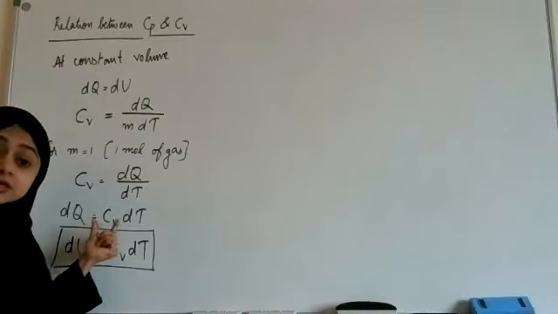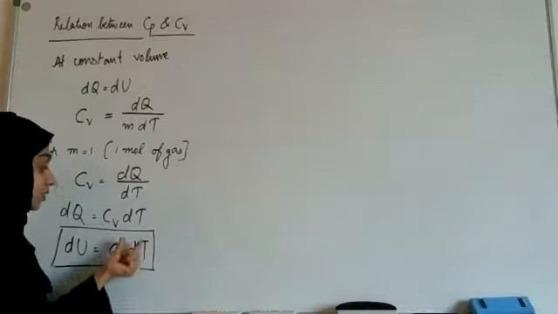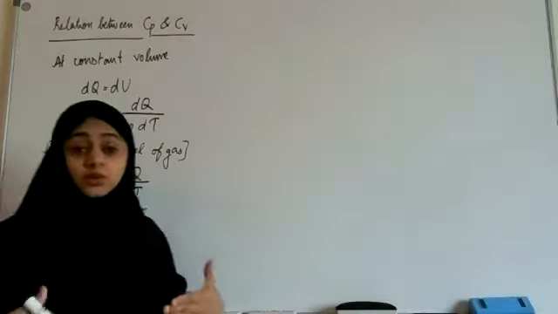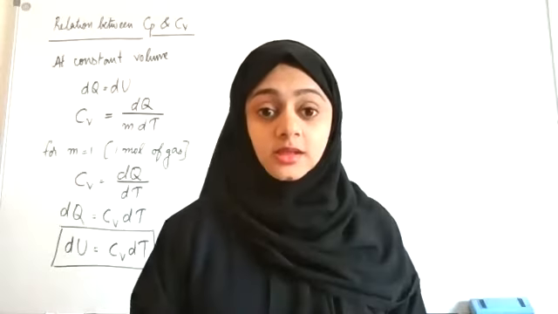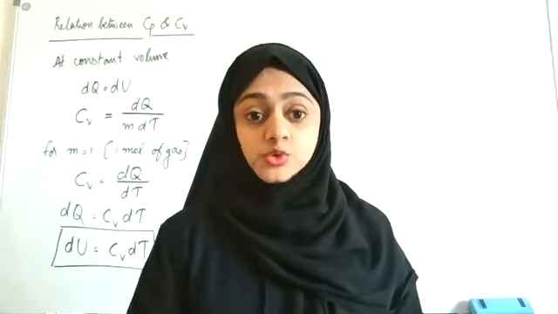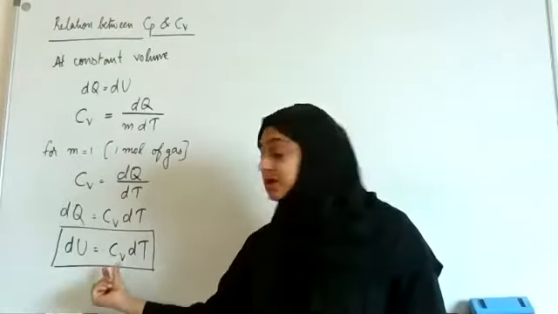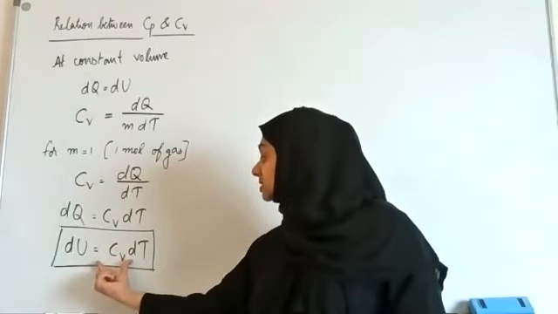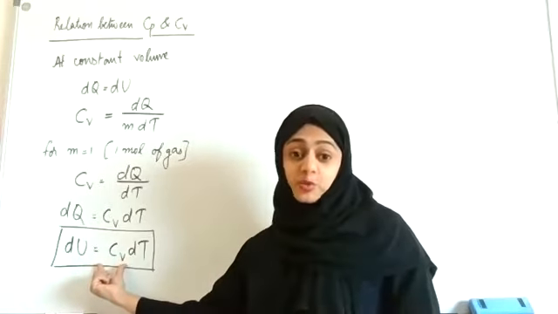The increase in internal energy is equal to Cv into the increase in temperature. We know that the rise in temperature and the rise in internal energy are directly proportional. And what is the constant of proportionality? Cv. The molar specific heat capacity at constant volume is the constant of proportionality.